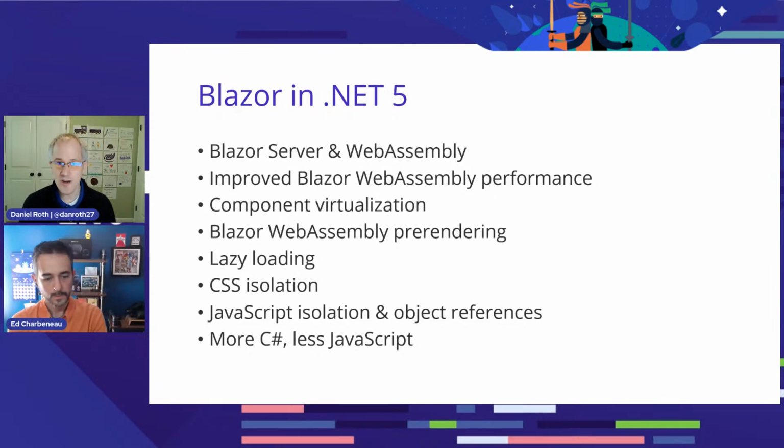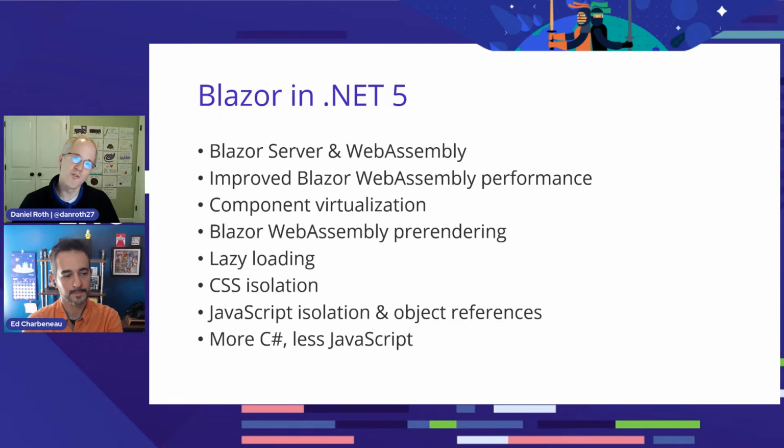We have built-in support now for component virtualization, so you can render those giant grids and big lists of data really, really fast and efficiently. We added support for lazy loading, so you can chunk up your Blazor WebAssembly app and load it in pieces instead of one big chunk. We added support for CSS isolation, so you can have component-specific styles. We added support for JavaScript isolation and object references, so that if you want to reuse existing JavaScript code, you can do so really, really easily.